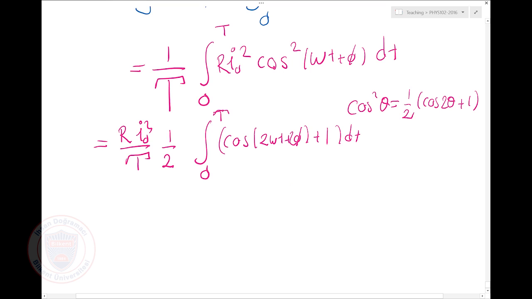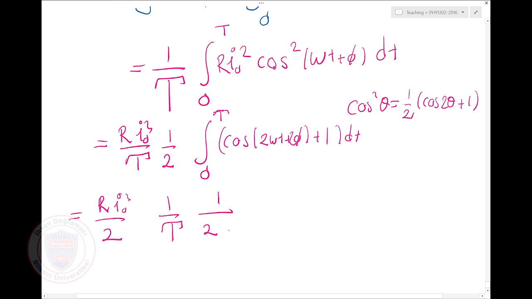Yes, thank you, plus 2 phi. Okay, now I have two separate integrals. Let me write R I0 squared over 2, times 1 over T.